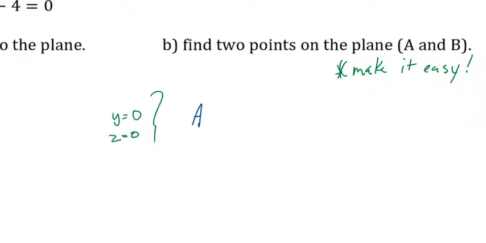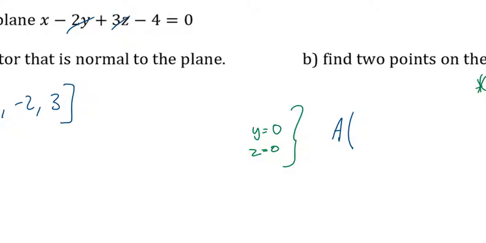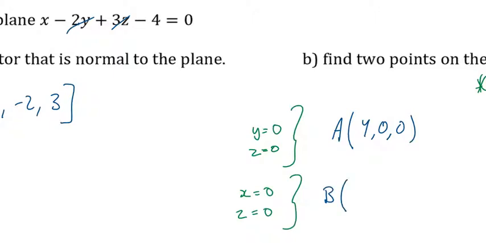What about when x is 0 and when z is 0? Call that our B. So 0, 0, and negative 2y equals 4, sorry, so y equals negative 2.